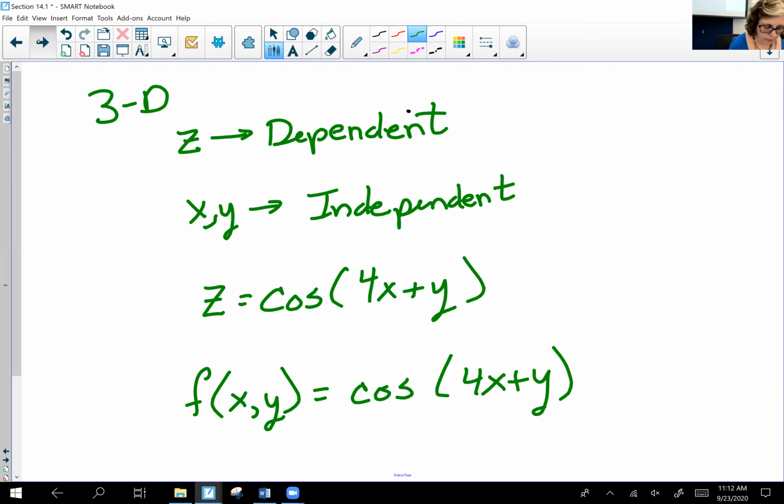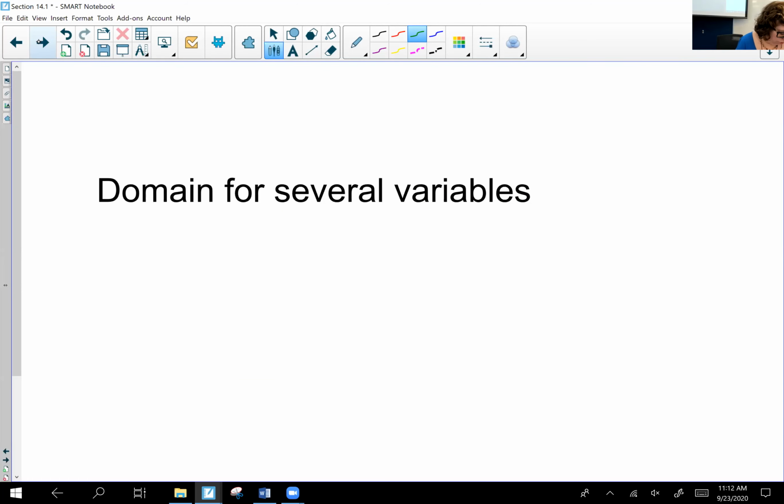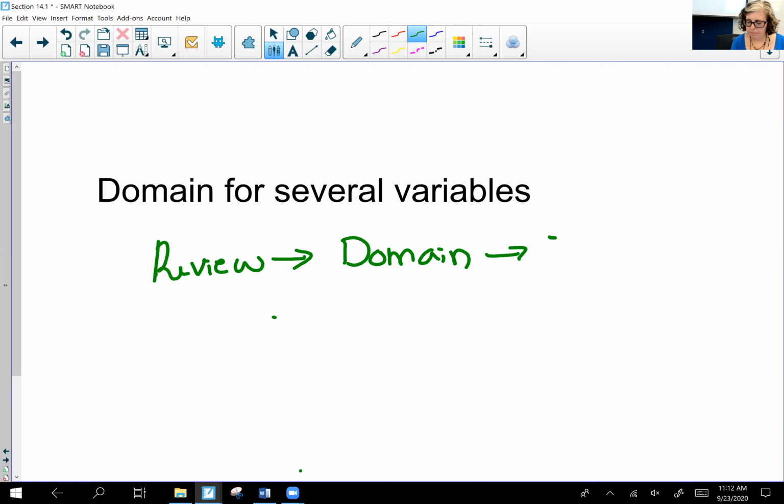All right, so let's go ahead and talk about the domain, because domain used to just be about what? Because this is the big one. Domain used to just be X. Now, our domain is actually a function.